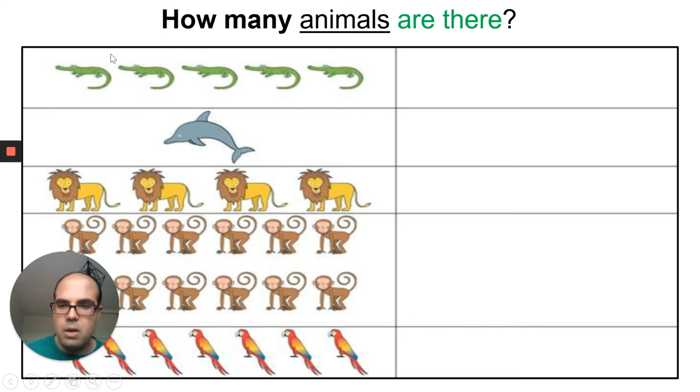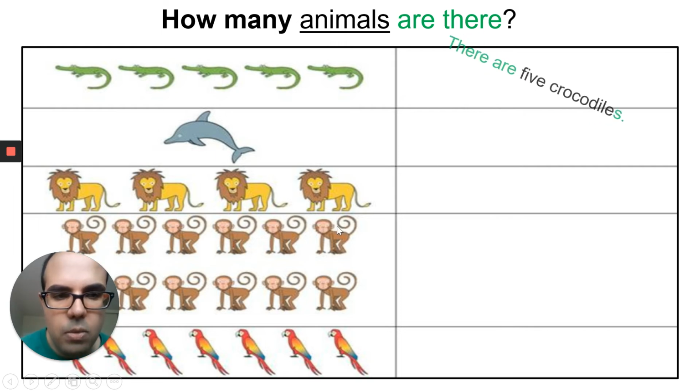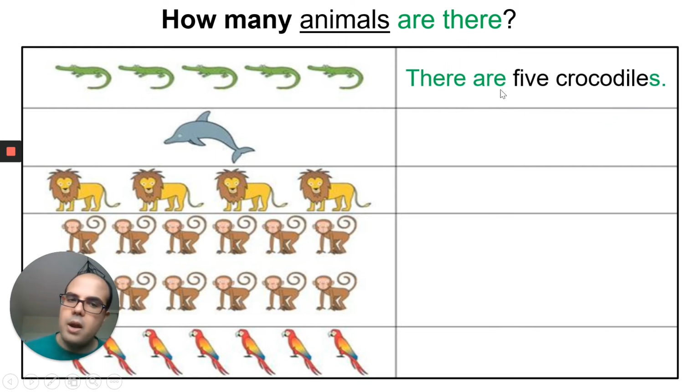And here, they are crocodiles. So how many crocodiles are there? I can count 1, 2, 3, 4, 5 crocodiles. So the answer will be there are 5 crocodiles.